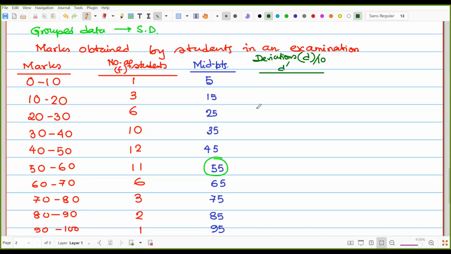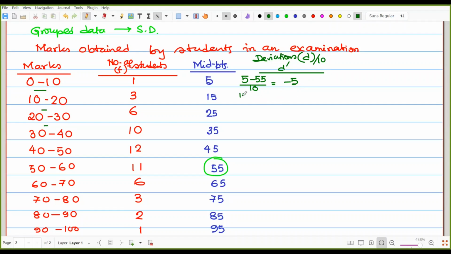So we can write the first one. I am just writing the first one, not for each and every one. 5 minus 55 divided by 10. Why 10? Now 10 means the range of the class. Always that is 10. That's why. So that is minus 50 by 10, or minus 5.